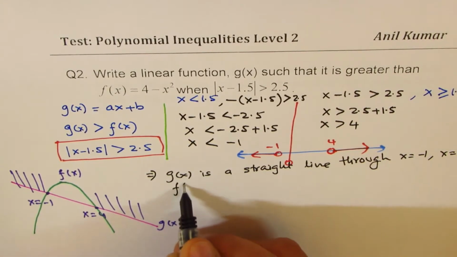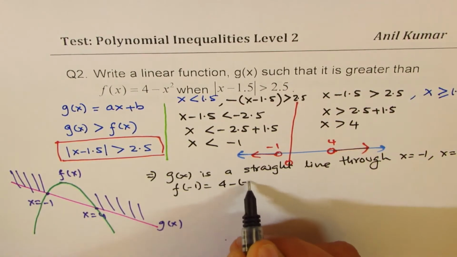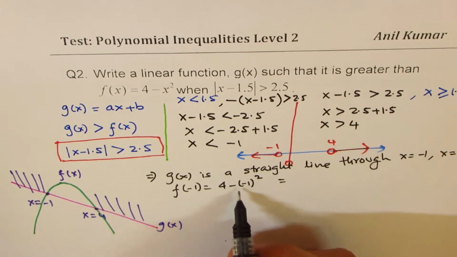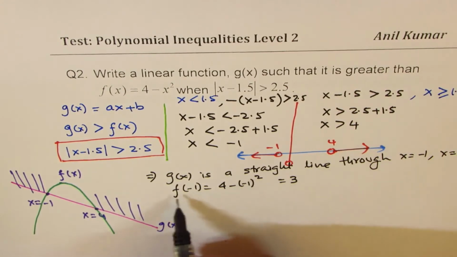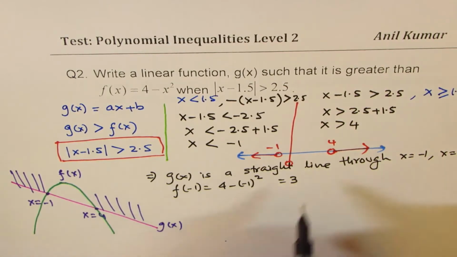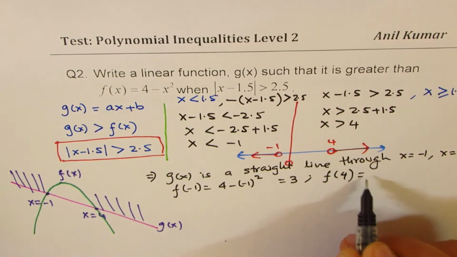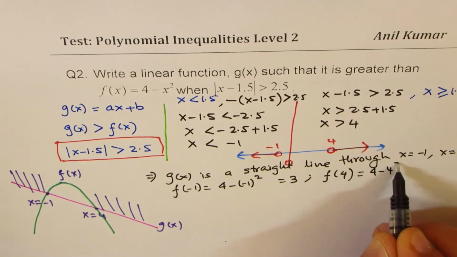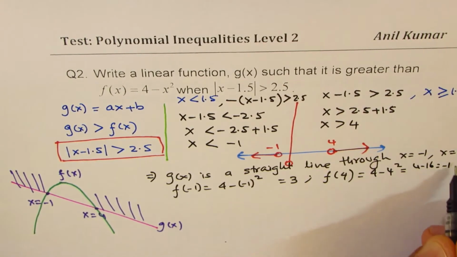So let's find these points. So f of minus 1 is what? You get 4 minus minus 1 squared, which is equal to 4 minus 1, which is 3, right? The other value is f of 4, and at 4, the value will be 4 minus 4 squared. That gives you 4 minus 16, or minus 12.